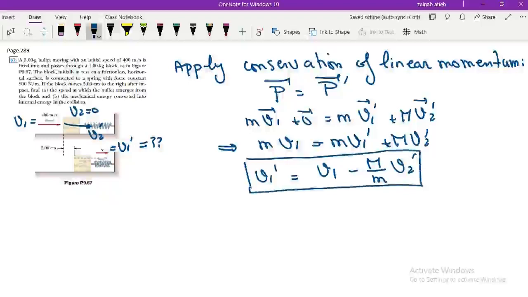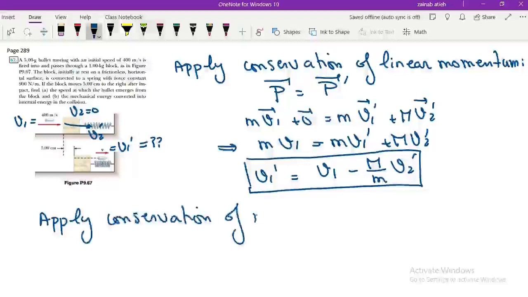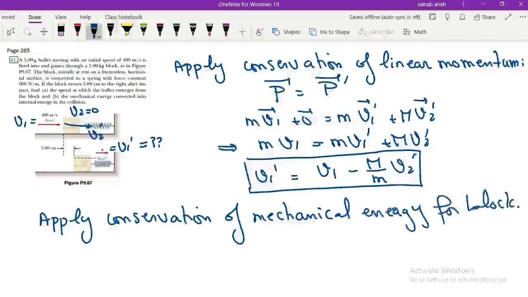So how to find the speed of the block after collision? After the collision the block went and made maximum compression, so I can apply the conservation of mechanical energy for the block. So E mechanical initial equals E mechanical final, from right after the collision until maximum compression.